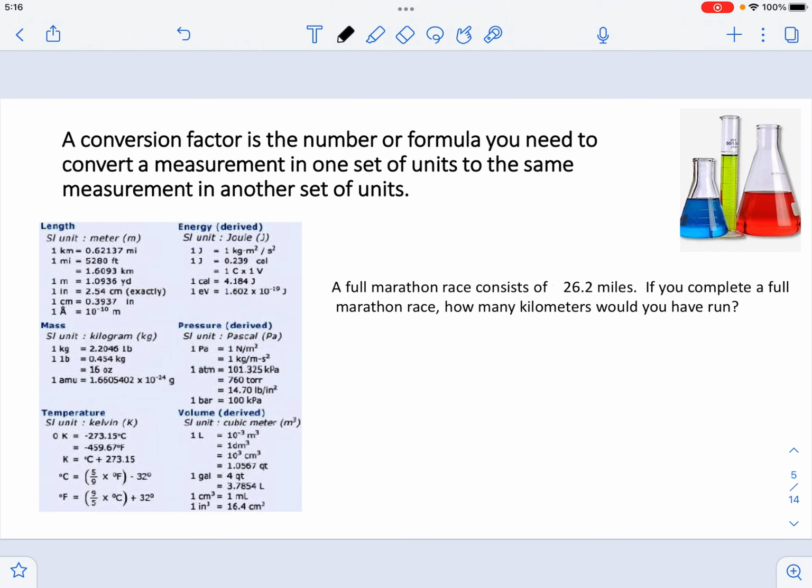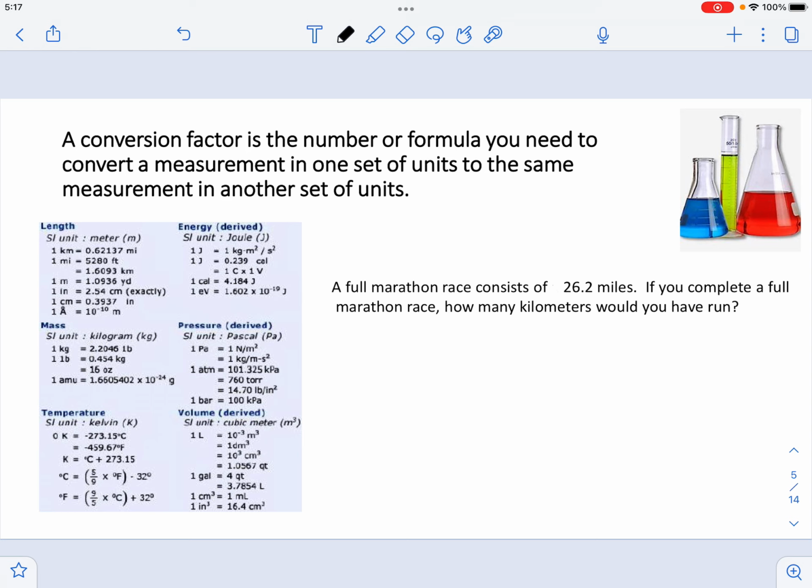Now, let's understand that whenever we have measurements, we can utilize a conversion factor to convert from a unit given to a unit needed. A conversion factor is a number or a formula you need to convert a measurement in one set of units to the same measurement in another set of units.